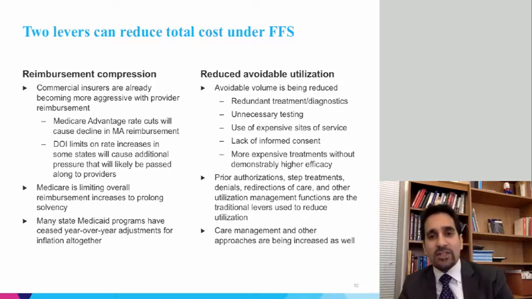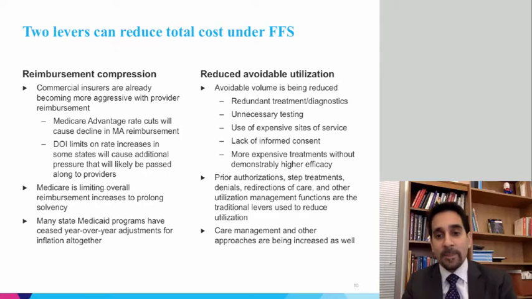So there have been some efforts to limit that, largely driven by payers inserting utilization management protocols that actually, unfortunately, end up causing additional administrative burden for both the provider and the payer. Those prior authorizations, step treatments, denials, redirections of care are the traditional levers that are used to do this.